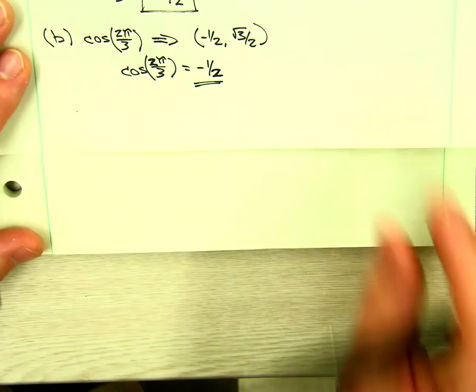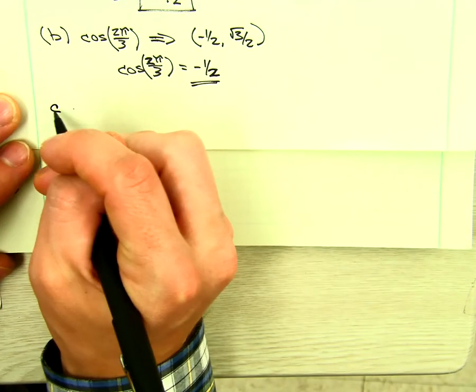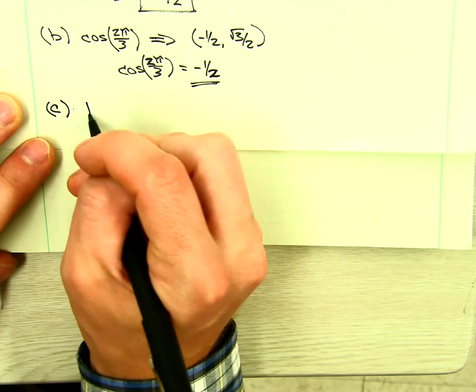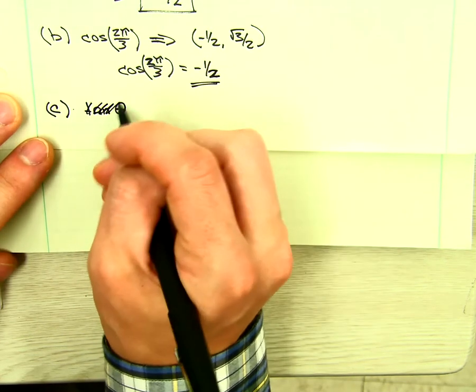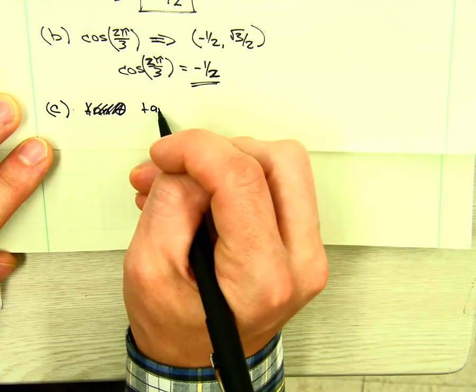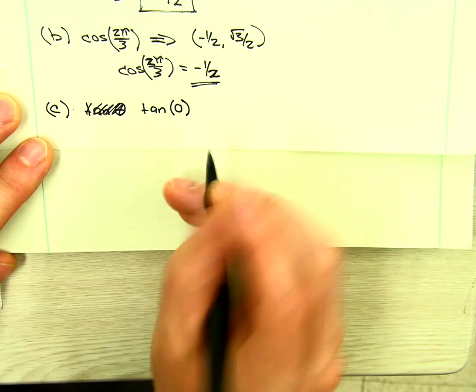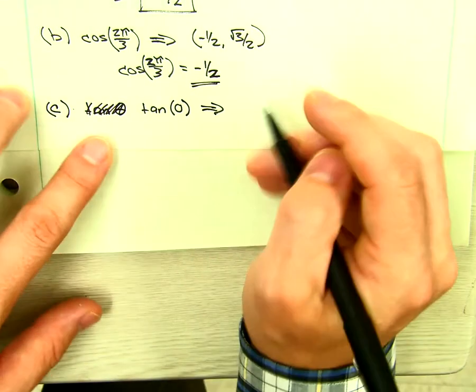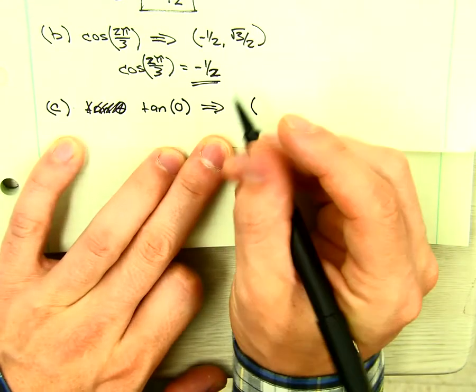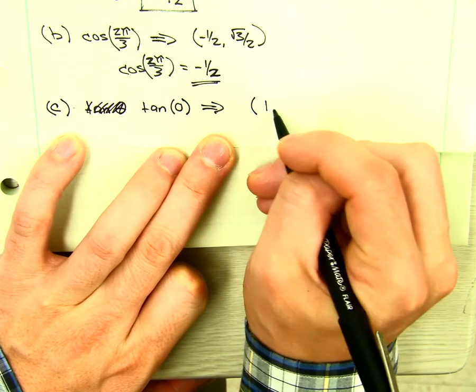And the last one, of course, is I need to figure out what the tangent is. Okay, and so C. In this case, I want to figure out what the tangent of, oops, not theta, I want to know what the tangent of 0 is. Tangent of 0. So if I look at my unit circle, I find that my coordinate point associated with 0 angle is 1, 0.